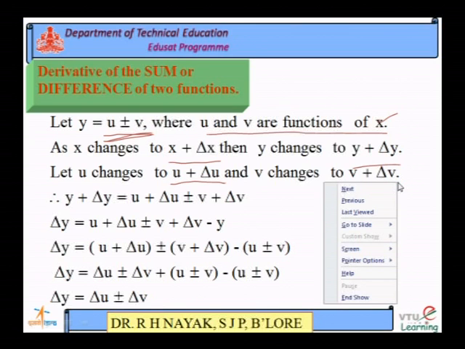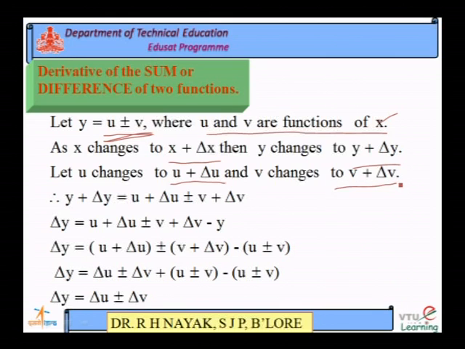All these things are substituted in the step, that is y becomes y plus delta y, then u becomes u plus delta u plus or minus v becomes v plus delta v.